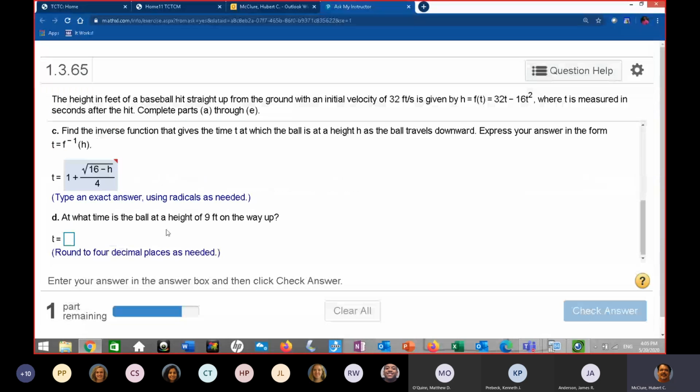See? 1 plus square root of 16. And now they ask, okay, at what time is the ball at height of 9 feet? So that's the height. So let's type in 9. So this is D. I'm going to put D right here. So I'm going to move this over.